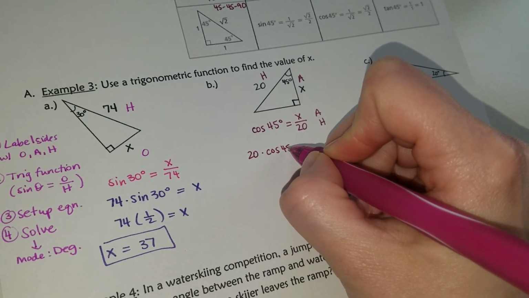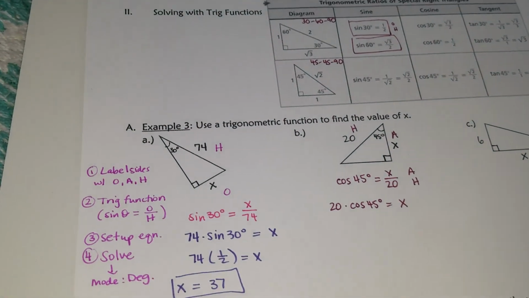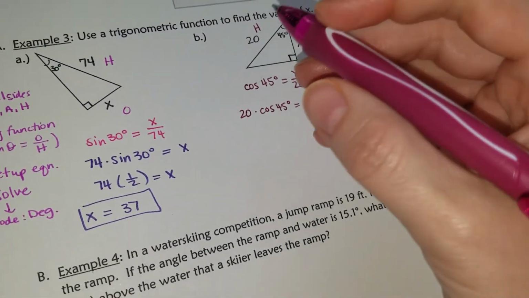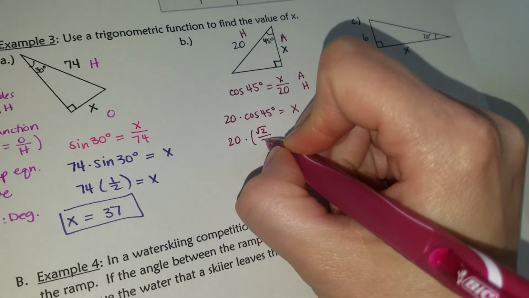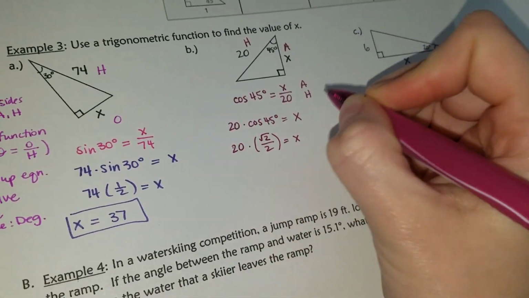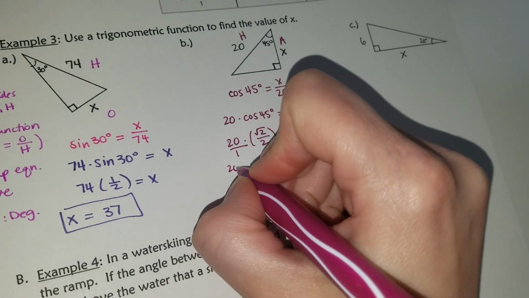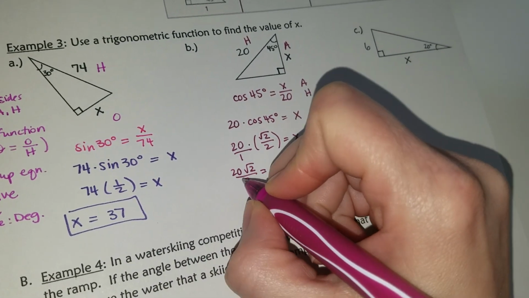Okay, and if you did use the cosine of 45 as root 2 over 2, you would have an exact answer. So think of this as like 20 over 1, right? If you have 20 root 2 over 2, you can reduce because those are both on the outside.